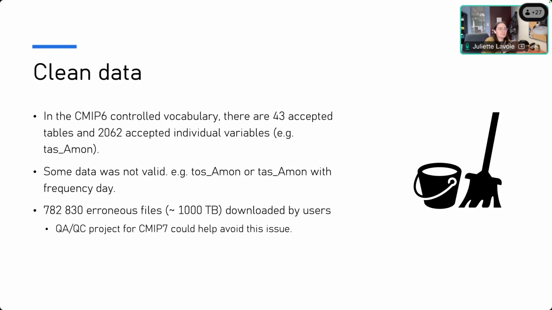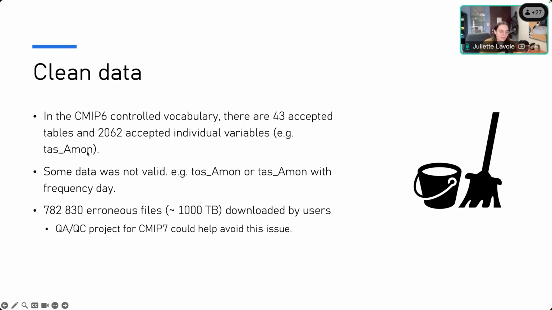In the CMIP6 controlled vocabulary, there are 43 accepted tables. That's the realm and the frequency of the data, and about 2,000 accepted individual variables that have the table plus the base variable, for example temperature in the atmosphere monthly.